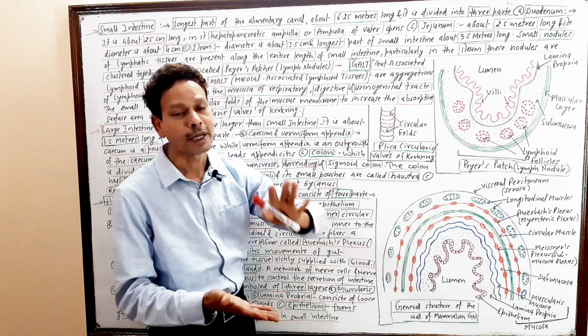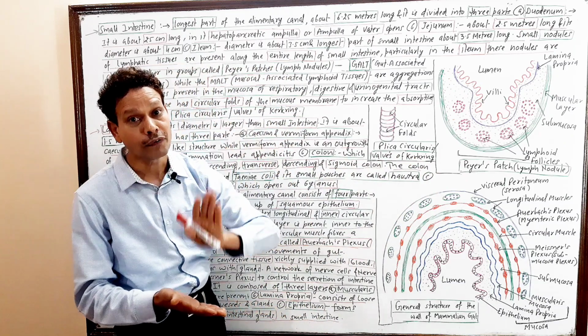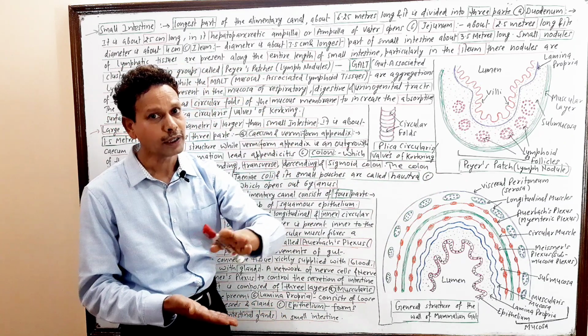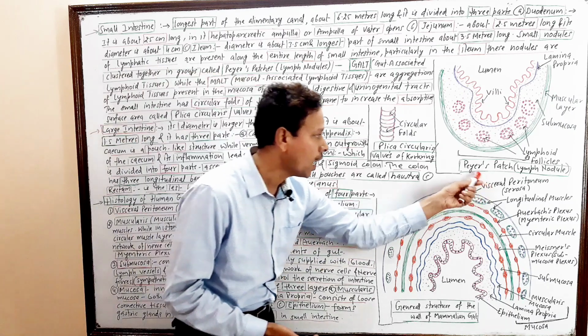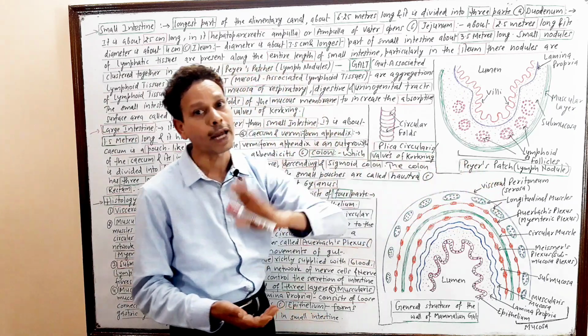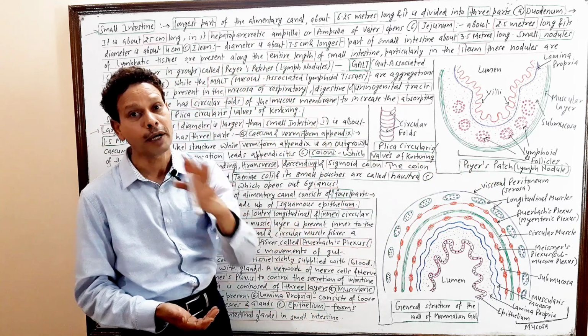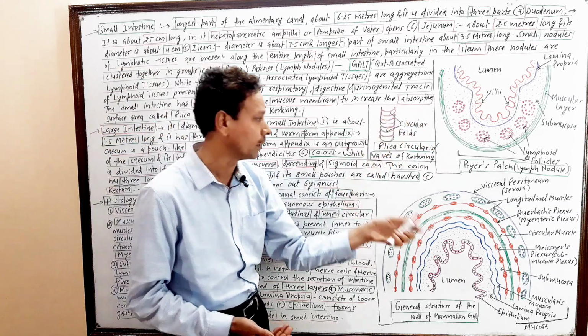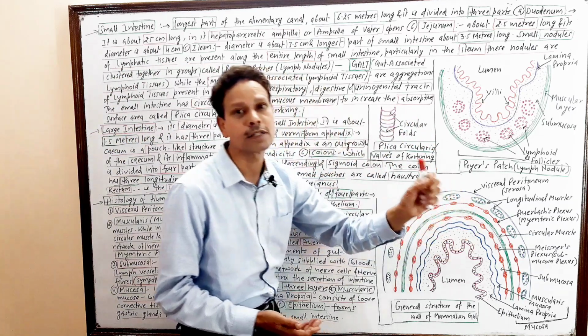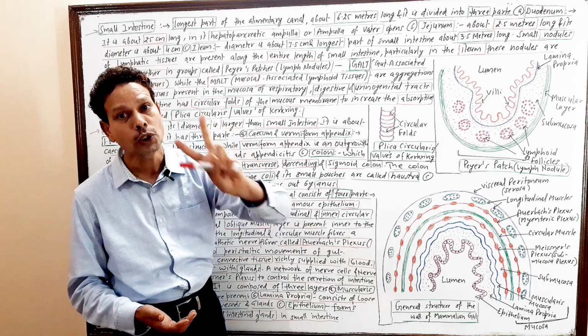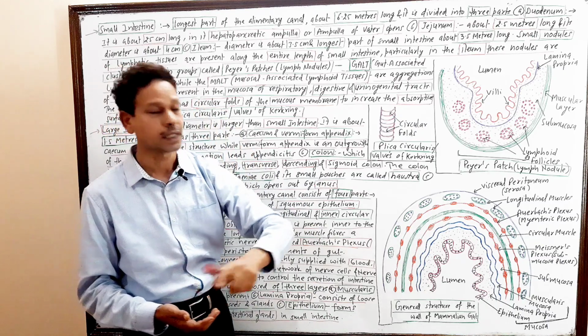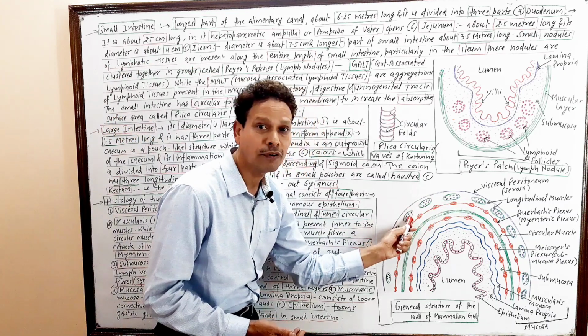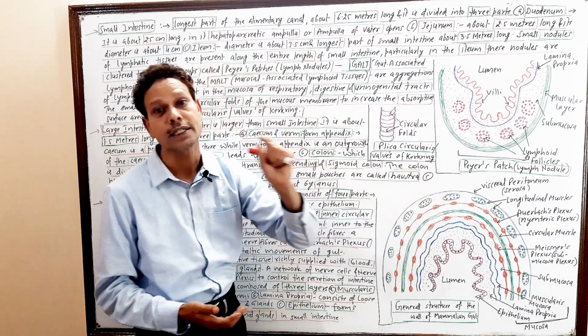Let us discuss the histology of gut. The gut wall has four parts. The outer layer is visceral peritoneum, the outermost layer made up of simple squamous epithelium. The next part is the muscular coat having two layers of muscles: in the outer region longitudinal muscle fibers, and inner circular muscles.